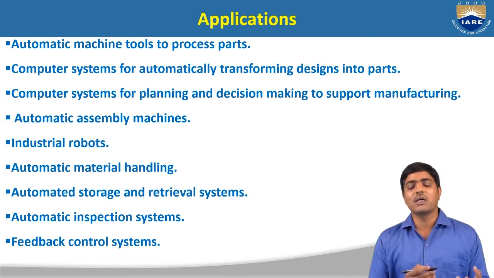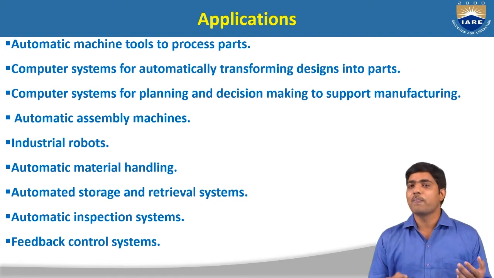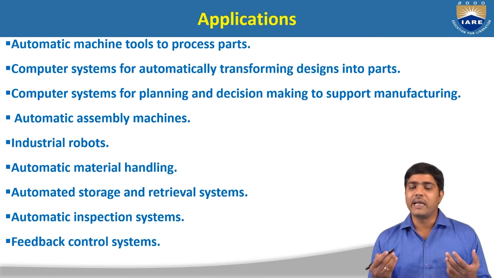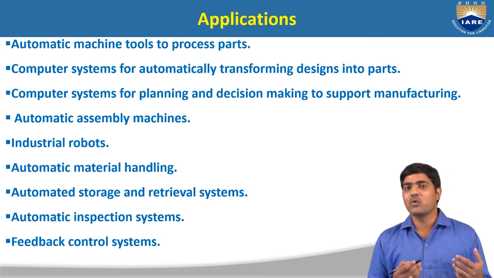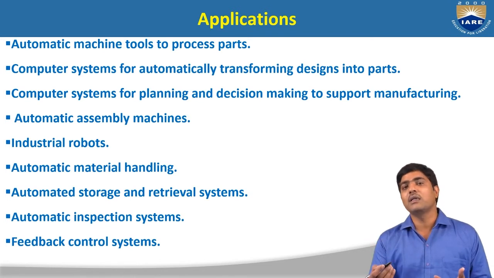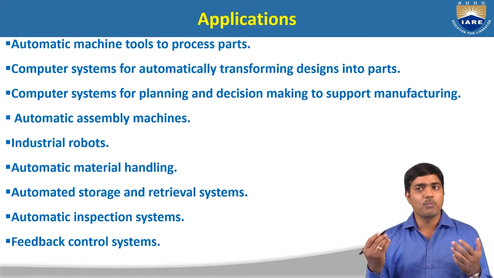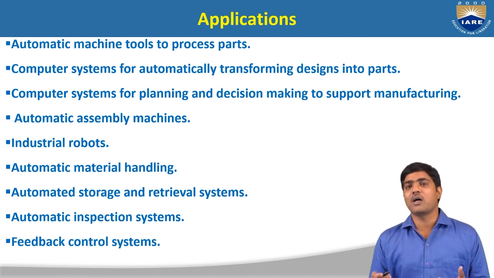You can give the task from the computer, it is transferred to the machine, and you get the output. If you design a product, you can take the 3D modeling. You model in the software, then give it to the machine, and the machine automatically creates the product or part you designed in the computer.